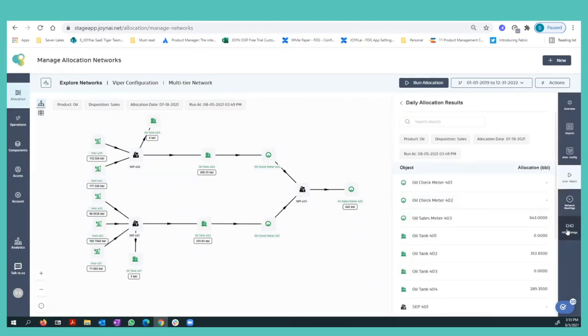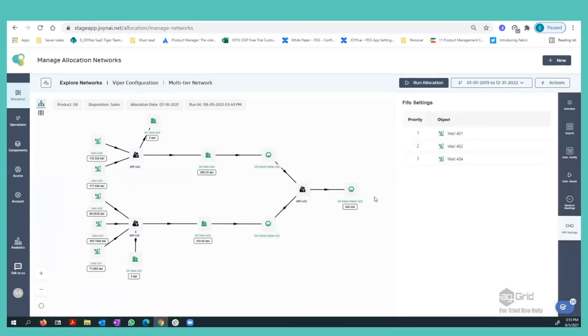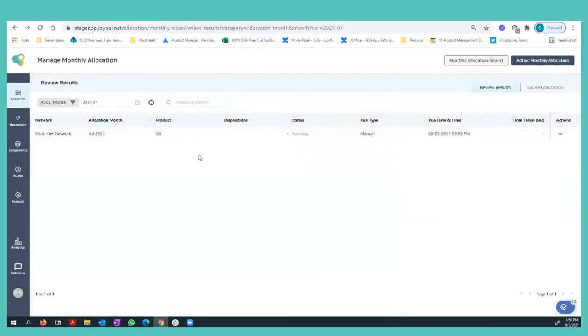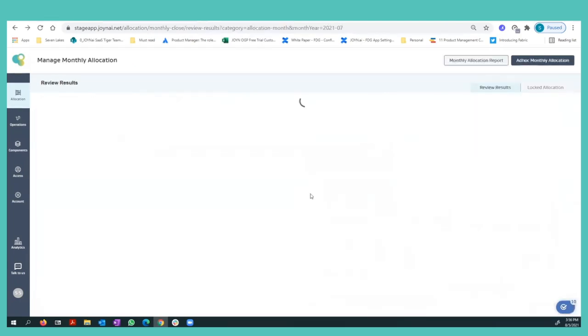What you see here right now is actually the override setting on this network version, right? And our results are basically tied to the network version. Okay, go back and check.